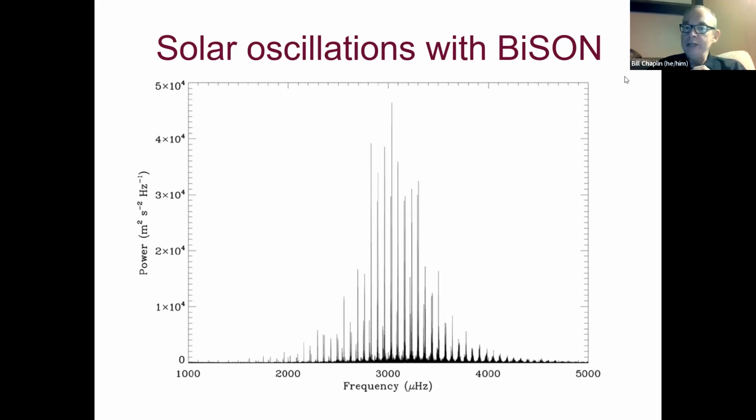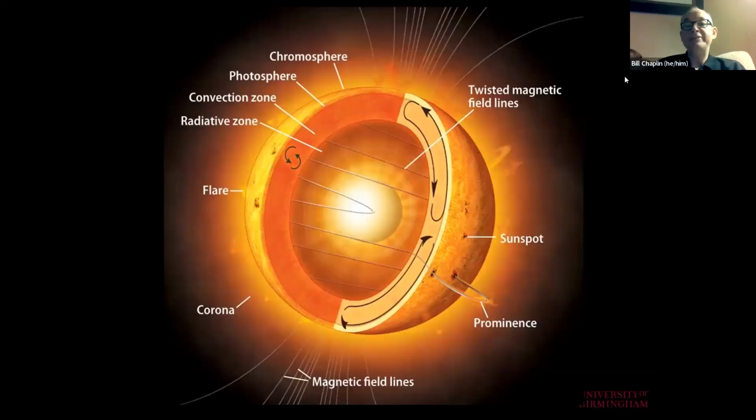Also, the non-radial modes are split due to rotation, so we can build up a similar picture of what the sun looks like inside dynamically, what its rotation profile looks like. So it's measuring these frequencies that's the key thing to what we do. It's basically giving us access to being able to see what the sun looks like inside.